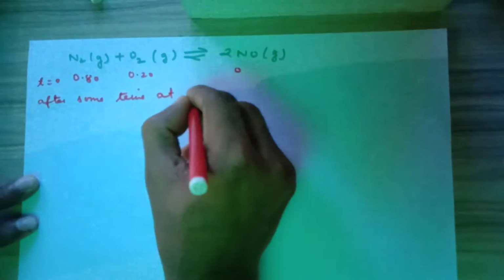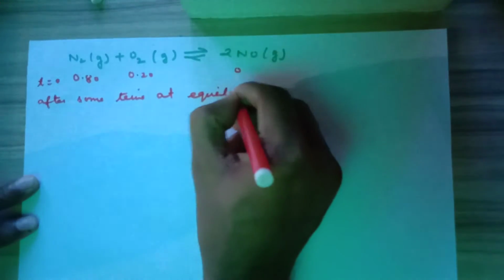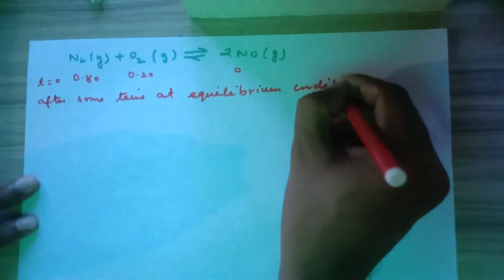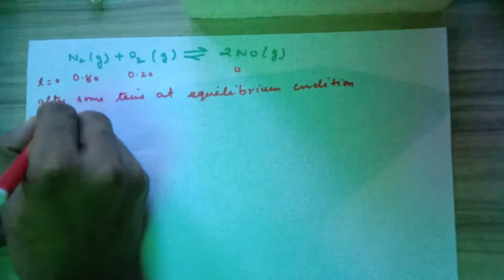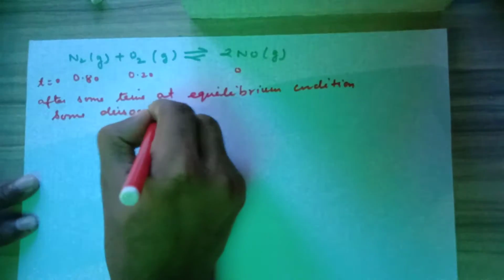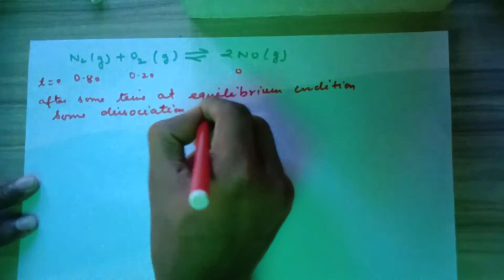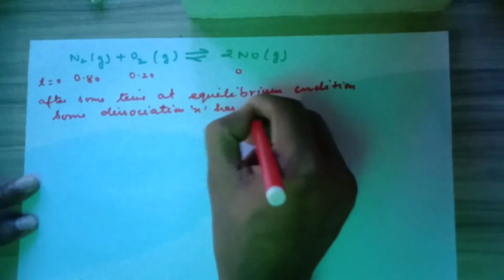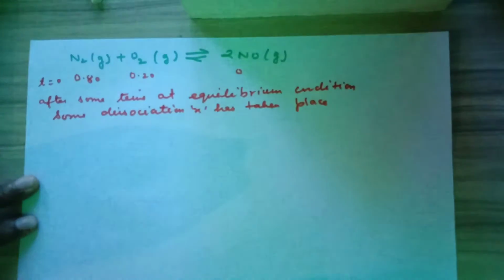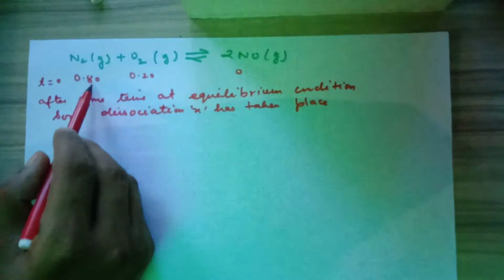After some time, at equilibrium condition, some dissociation X has taken place. Initially it was 0.80.